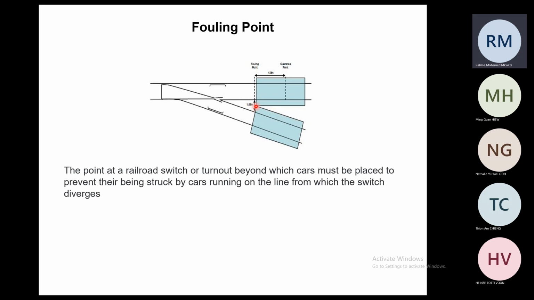This is the point whereby there is a potential for the two trains to collide. If this is your main line and the train passes here, beyond this point the main line train may collide with the train on the refuge loop or on the turnout. This is what we call the fouling point.